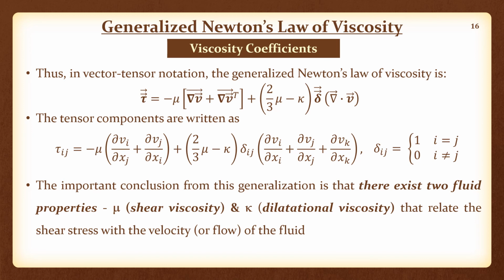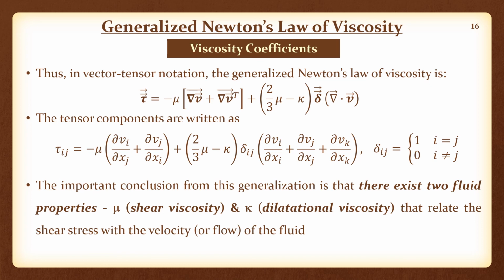The second equation shown at the bottom is exactly the generalized Newton's law of viscosity that was written two slides ago in the Einstein notation. So this is the vector tensor notation, and that is the Einstein notation. Well, all said and done, all the mathematics is there, which is great. The important conclusion that we can draw from the generalization of Newton's law of viscosity is that there exist two fluid properties.